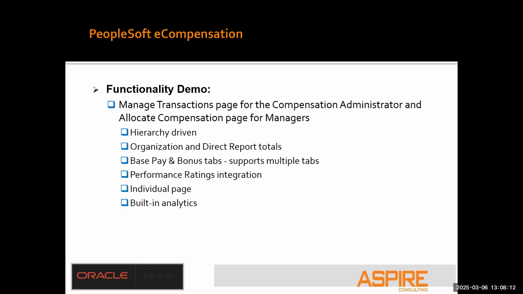There's an individual page where you can see more details about the particular individual, and there's built-in analytics. We'll touch upon all those topics as we get into that page. But basically, both the compensation administrator and the manager see a very similar view when looking at planning for a cycle.